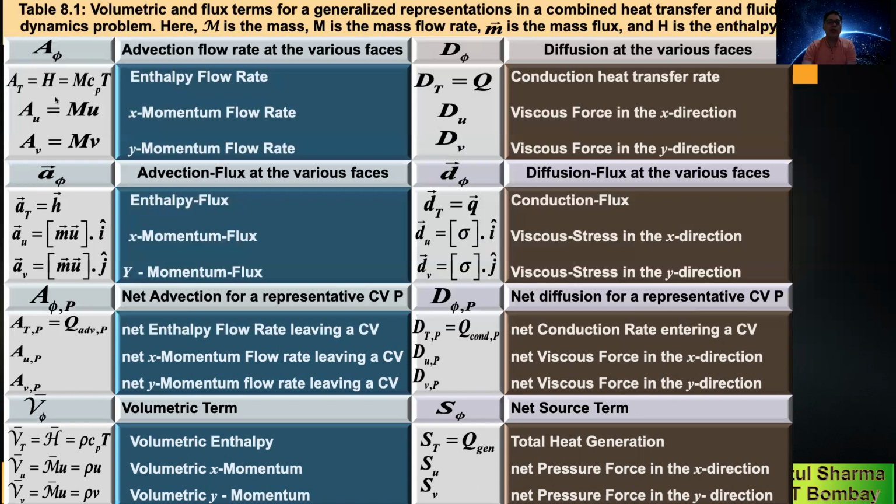When there is a capital letter for the flux term, it represents the total quantity. When there is a small letter along with a vector sign with an arrow, this represents the flux terms. And the total advection is presented here with a subscript capital P, V over bar is the volumetric term, S is a source term.